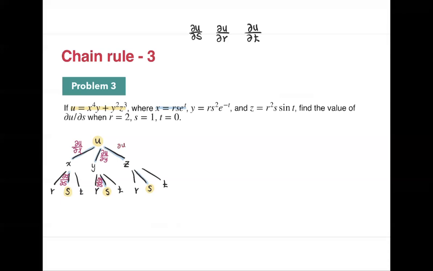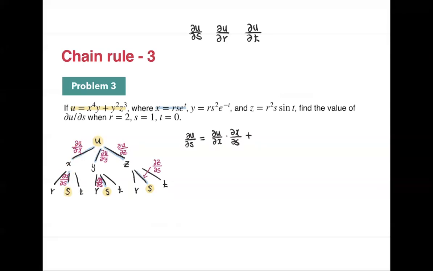And this line is for du dz, and this line is for dz ds. Okay, so if we want to find du ds, then the chain rule formula is given by du dx times dx ds. This is the first path, okay?